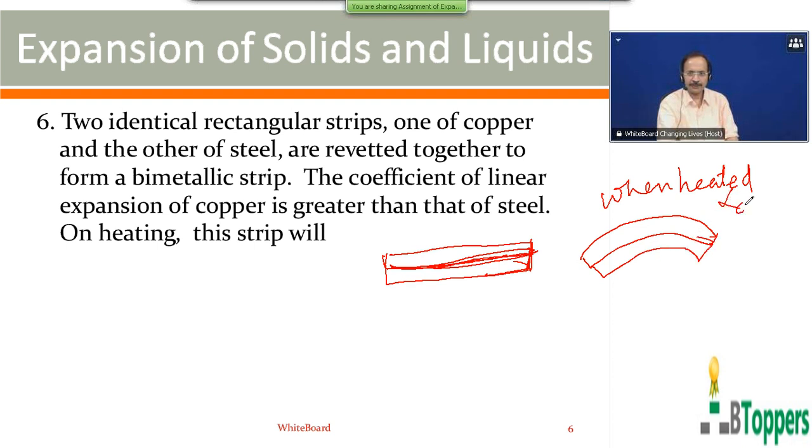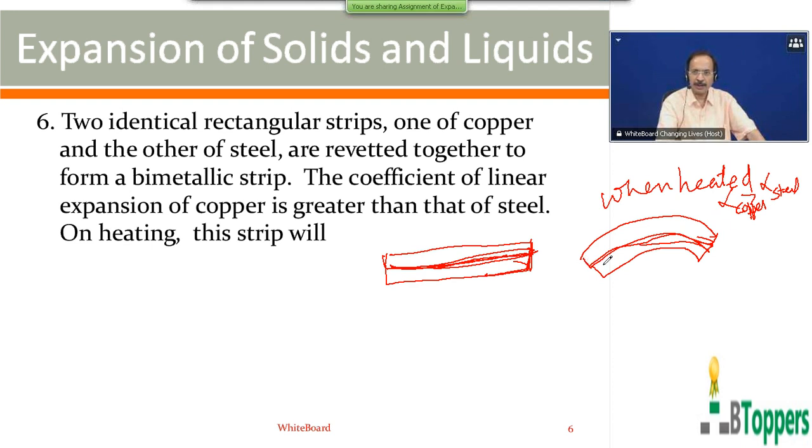Given the coefficient of linear expansion of copper is greater than that of steel, with the same original length or same dimensions, when heated, the elongation or increased length for copper is more than that for steel. Therefore, the rod which elongates more will have the greater final length.